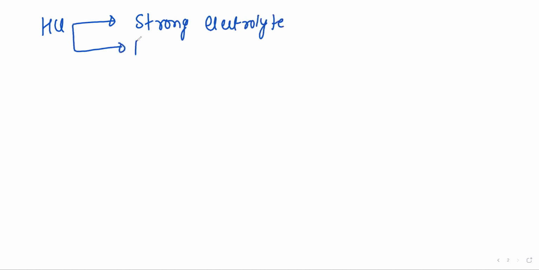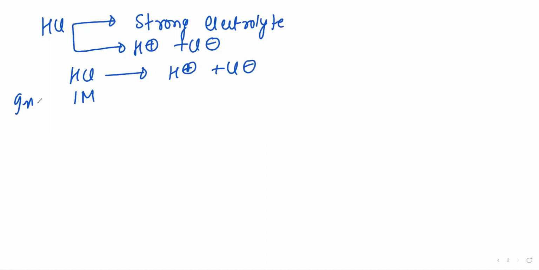Now see the next point in that question only. So HCl is there. So it is the strong electrolyte. So when it dissociates into H plus and Cl minus, it completely dissociates, right? In the previous example we have given HCl, when we have taken 1 molarity, right? So this is the initial condition: initially the concentration of H plus and Cl minus is 0.